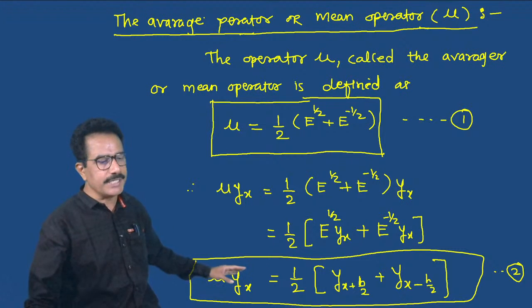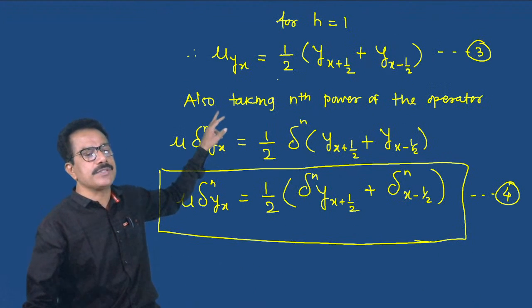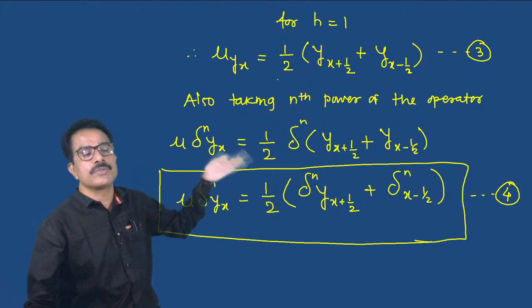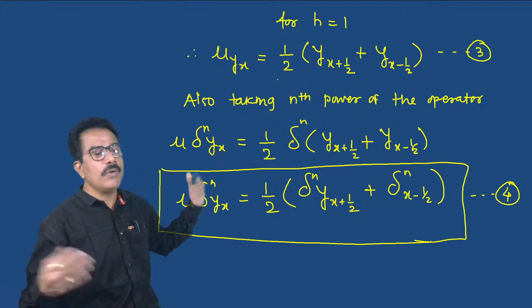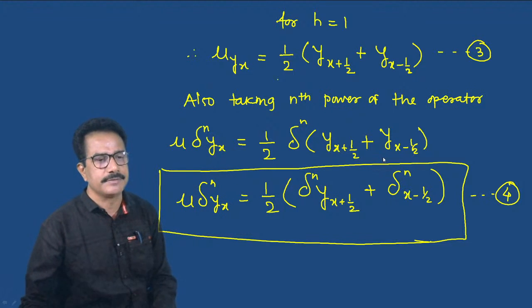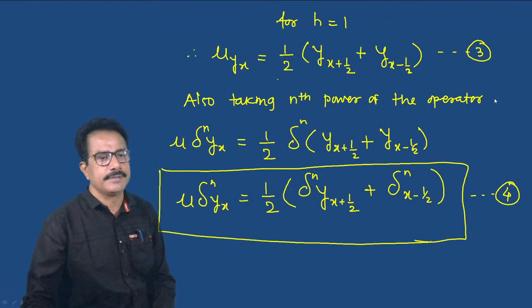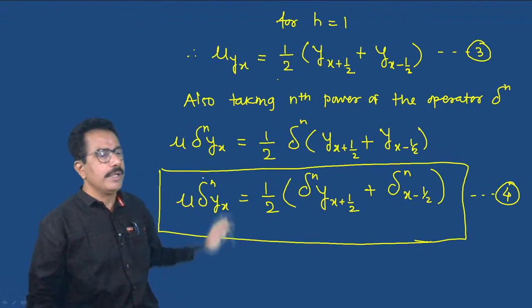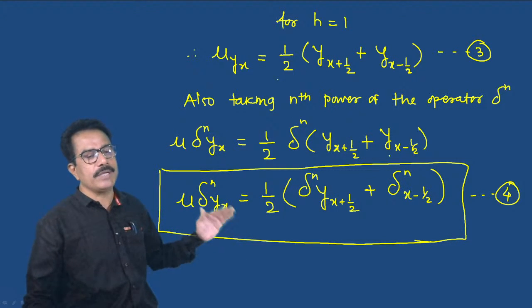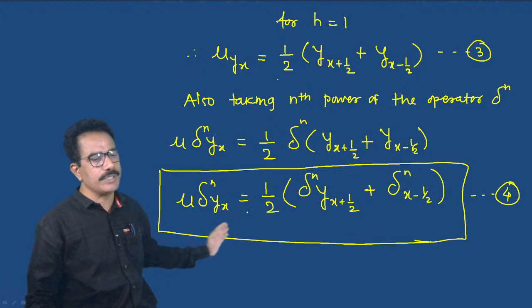If we consider h is equal to 1, then mu of yx is equal to 1 by 2 (y of x plus 1 by 2 plus y of x minus 1 by 2). Now taking the nth power of operator delta n, mu delta n yx is equal to 1 by 2 (delta raised to n yx plus 1 by 2 plus delta raised to n yx minus 1 by 2). So this gives a result.